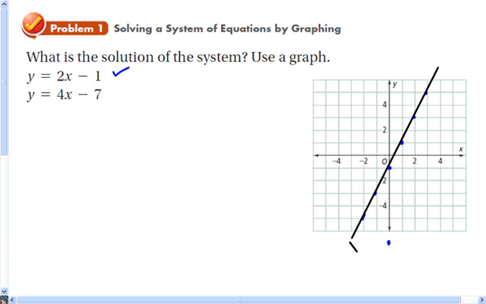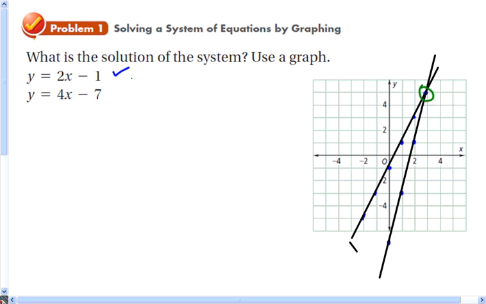And the slope is 4, so that means I'm going up 4 for every 1 I go over. So there should be a point right there, and right there. And notice they cross right there. And so right there is a point that is a solution to both of those equations. And it's the only point.